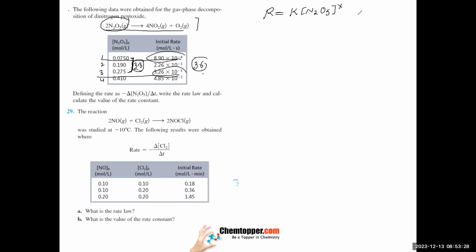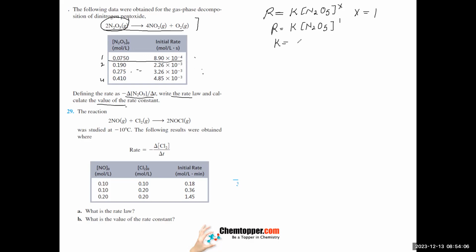So what's the value of x? Yes, Lisa. What is 1? Determine the rate as this. Write the rate law. Calculate the value of K. So the rate law is K times concentration of N2O5 raised to power 1. Now you can pick up any experimental value. Any experiment. First experiment, let's say. Plug in the values.